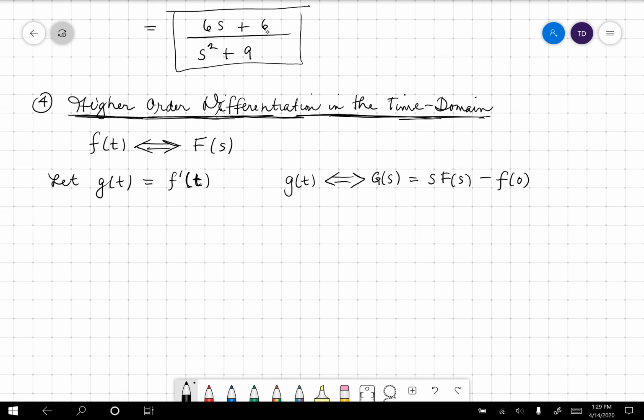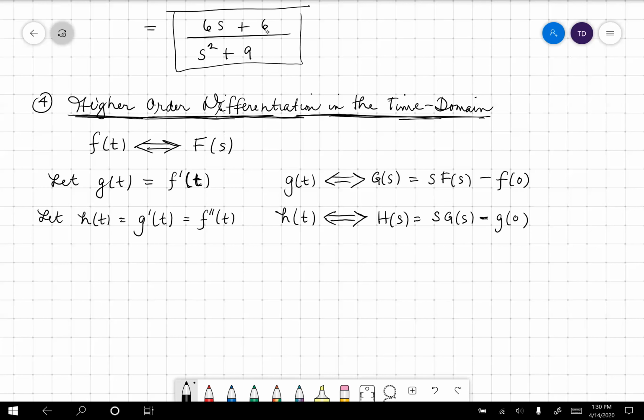Okay, now let's look at g prime of t. So let h of t equal g prime of t, which we know is equal to f double prime of t. So h of t Laplaces into h of s, which is equal to s times g of s minus g at 0.